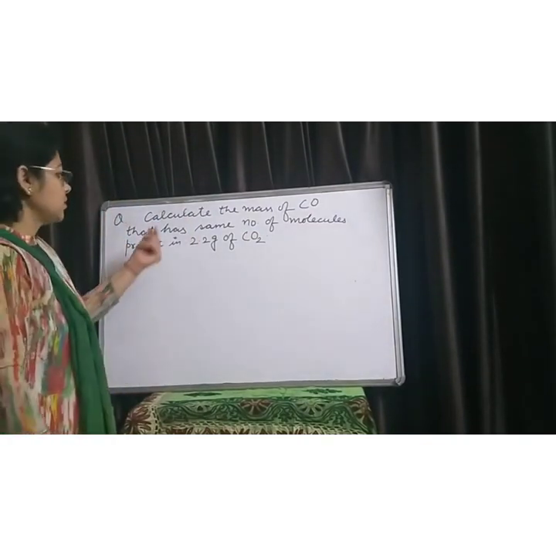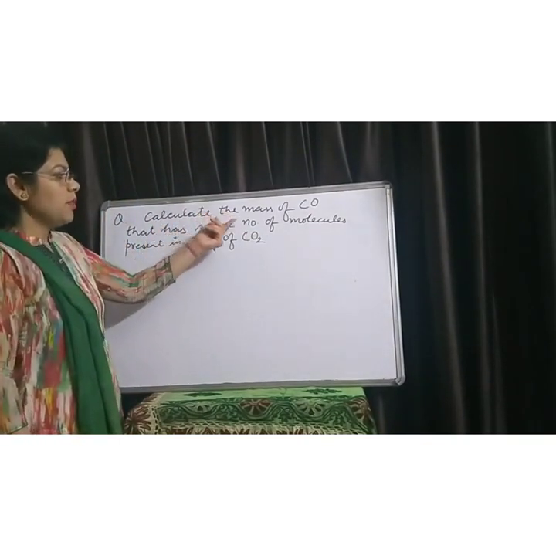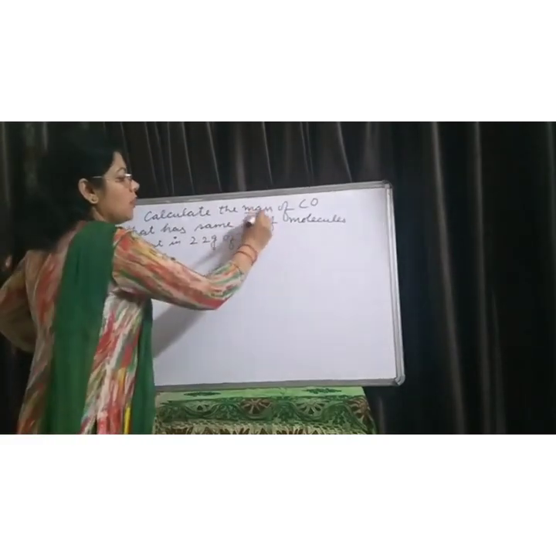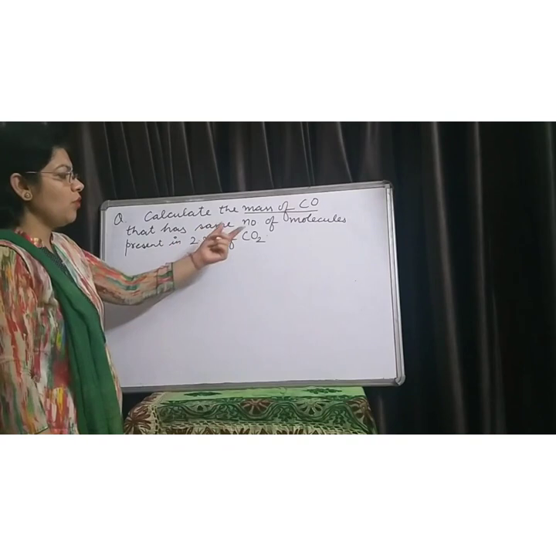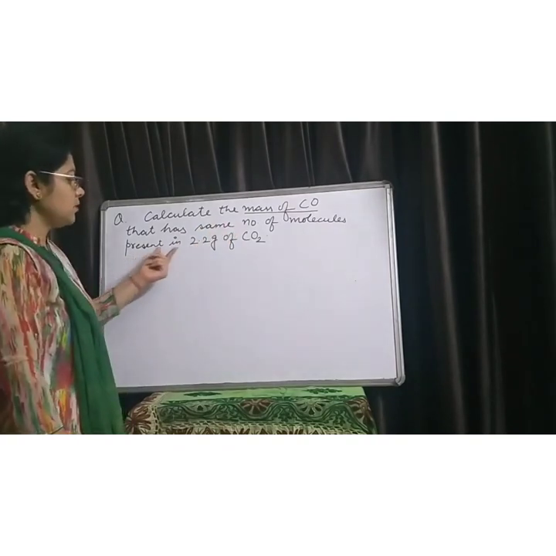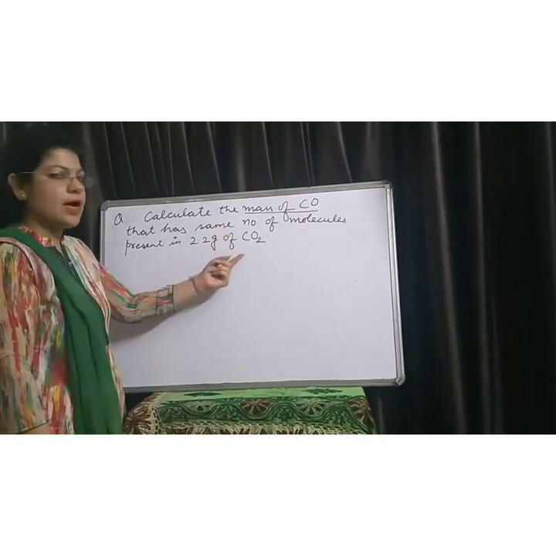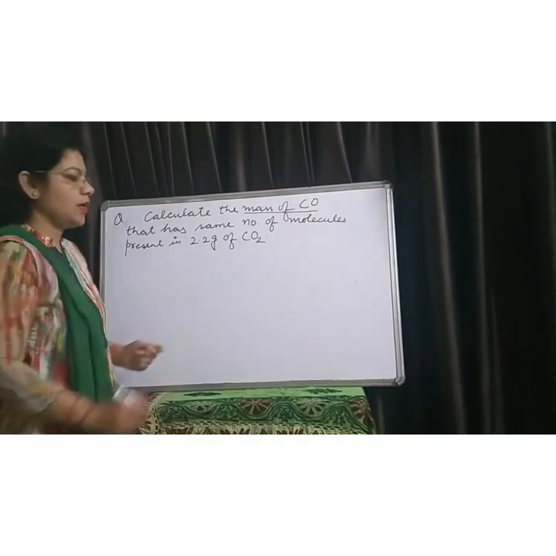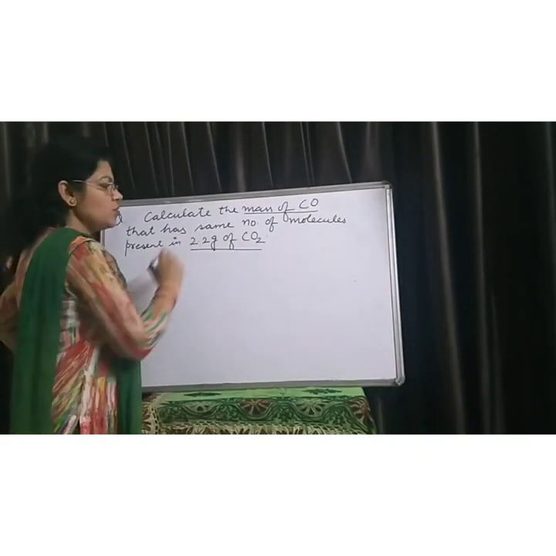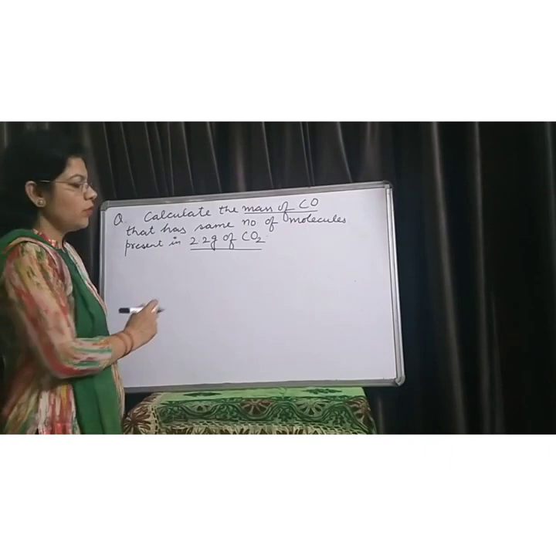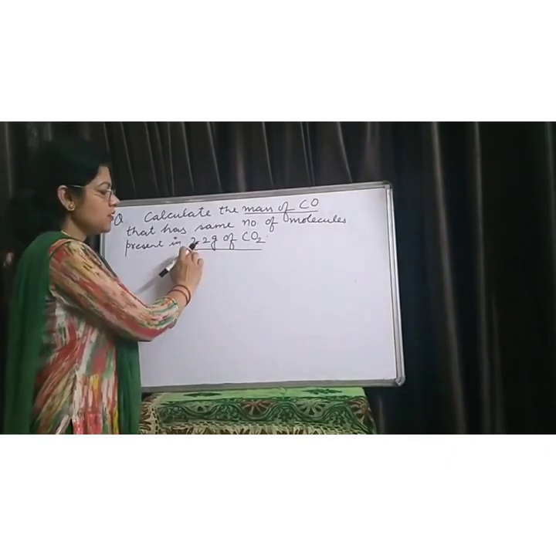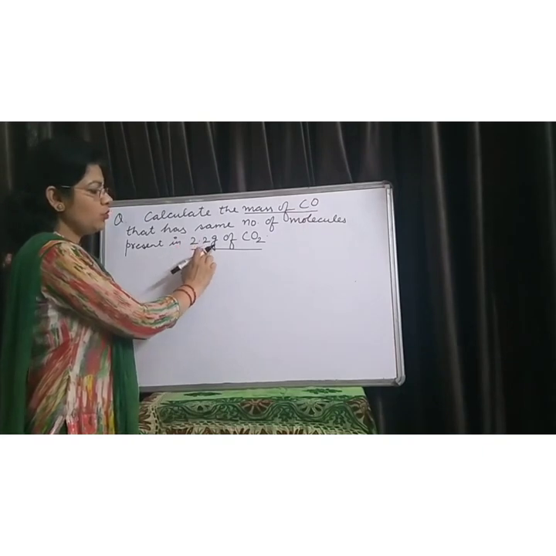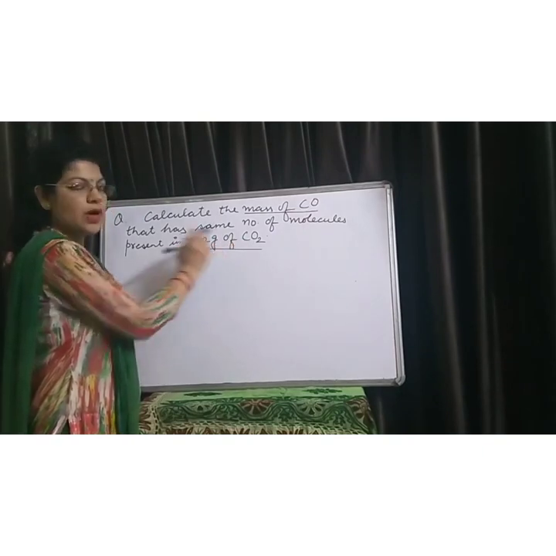The question is, calculate the mass of carbon monoxide that has the same number of molecules present in 2.2 grams of carbon dioxide. Means, first of all, we have to calculate the number of molecules present in 2.2 grams of carbon dioxide.